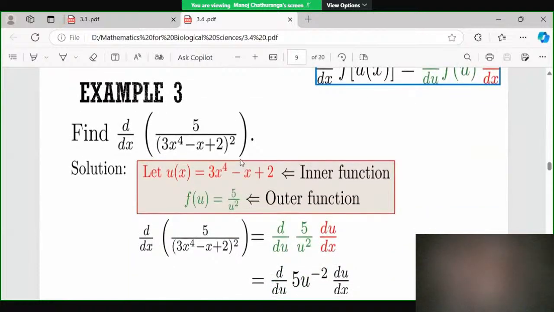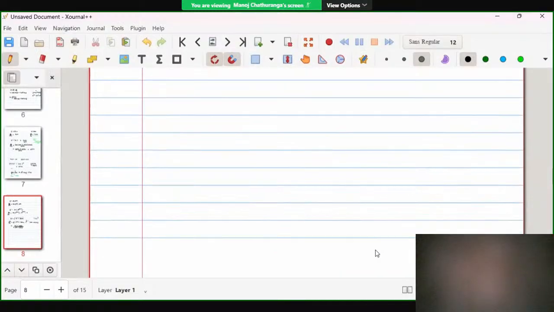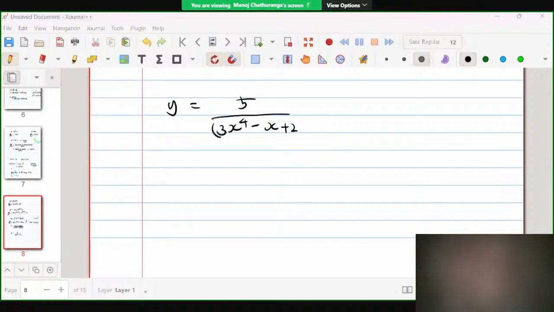Third example. Let me write it in the notepad. Okay, 5 over 3x to the fourth power minus 6 plus 2, raised to power 2.